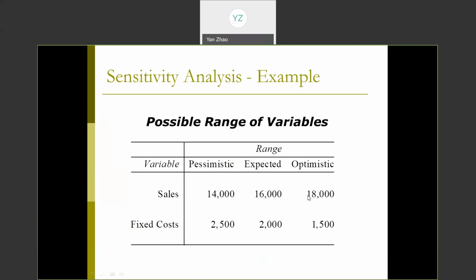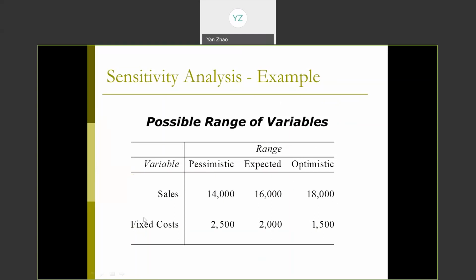In the optimistic scenario, you could have $18,000 sales. Well, if the economy is not doing really well, in a more pessimistic estimate, the sales number can only be $14,000. How will that change affect your net present value decisions?